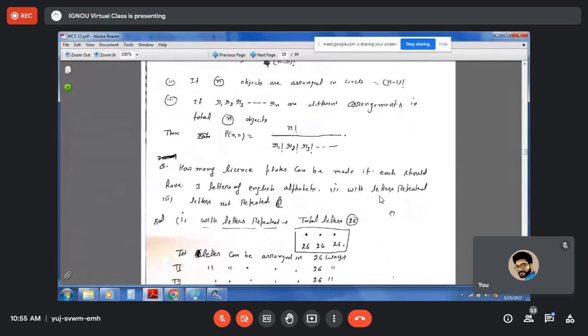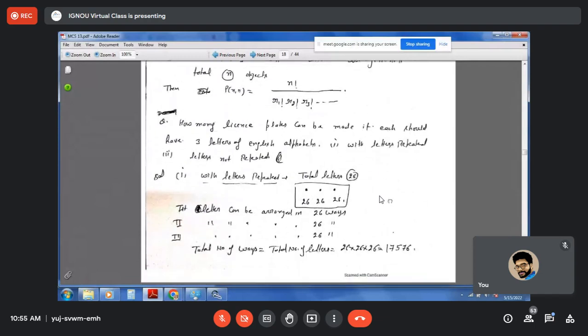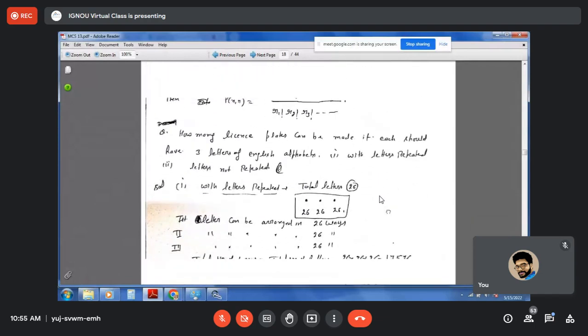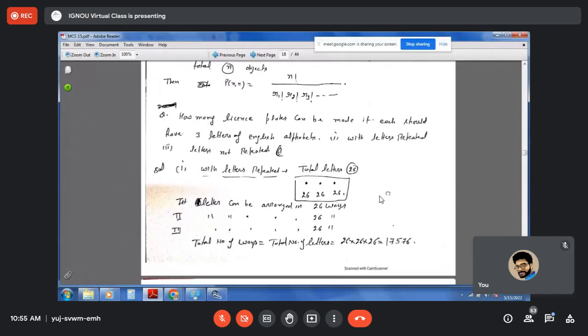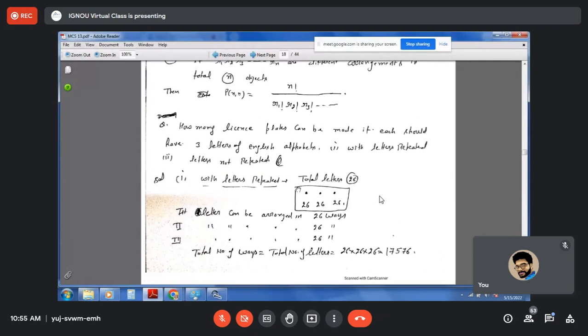See this example. How many license plates can be made if each should have 3 letters of the English alphabet?